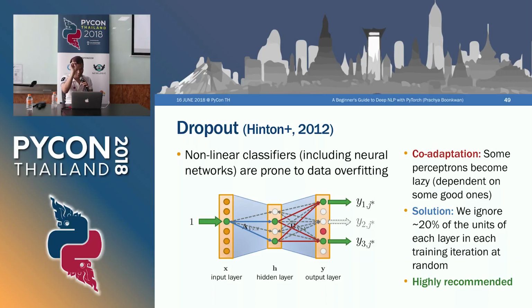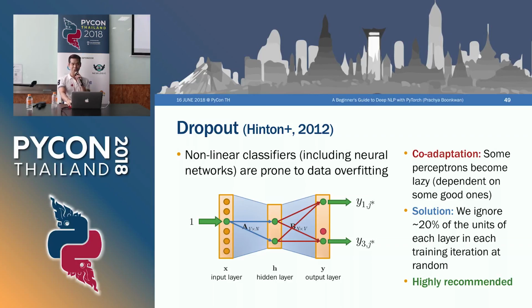By eliminating some diligent students from the class, you've got lazy students to learn. That's the way we force them to learn, and it solves the data overfitting problem straight away. As a standard practice, we ignore about 20% of the units in each layer when training, and it works perfectly. I highly recommend that in your networks.